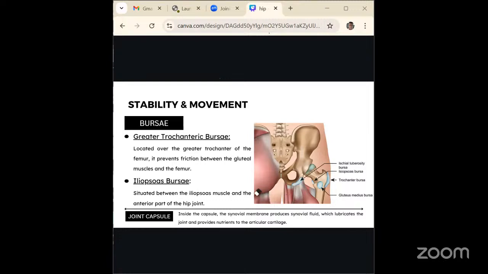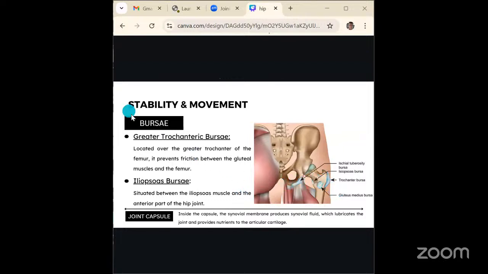That is actually correct. And I think it's very important that we know that the bursas are there to create a form of space and act as shock absorbers, because the joints are constantly moving, and we can't say that friction will not occur if there's constant movement. So that's why the bursas are littered all around. So we have the greater trochanteric bursa, which we can see here, and then the iliopsoas bursa, which is also somewhere here.